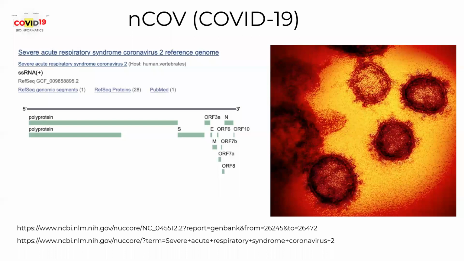Additionally, at the beginning of each structural or accessory gene, there are transcriptional regulatory sequences that are required for expression of genes. This 3' untranslated region also contains RNA structures that are required for replication and the synthesis of viral RNA.